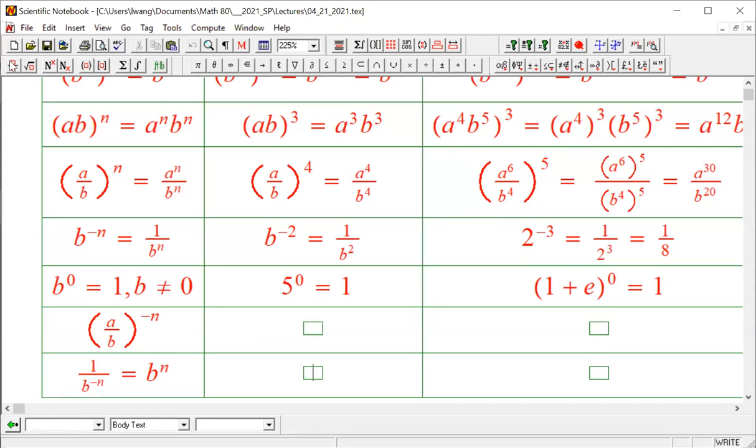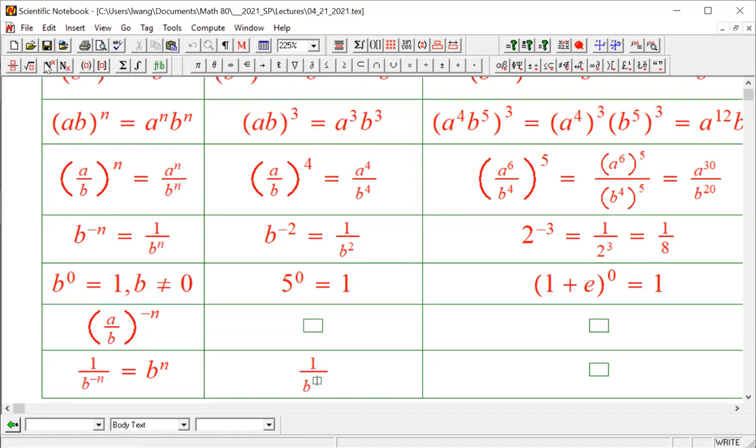So for example, 1 over b to the power negative 5. Now we don't want the negative exponent, so it's just going to be b to the power 5. And the next one, 1 over 3 to the power of negative 2.